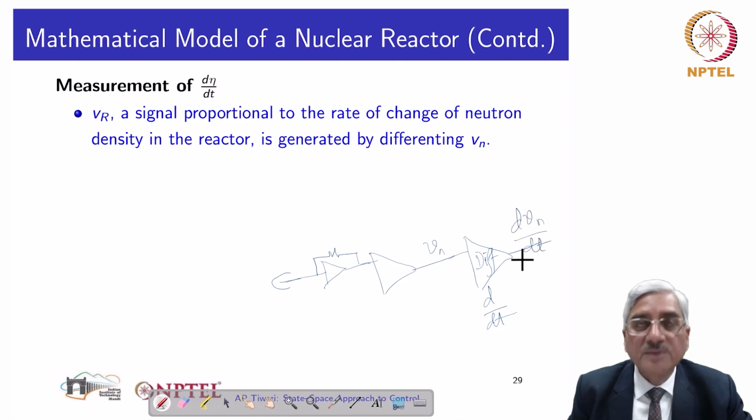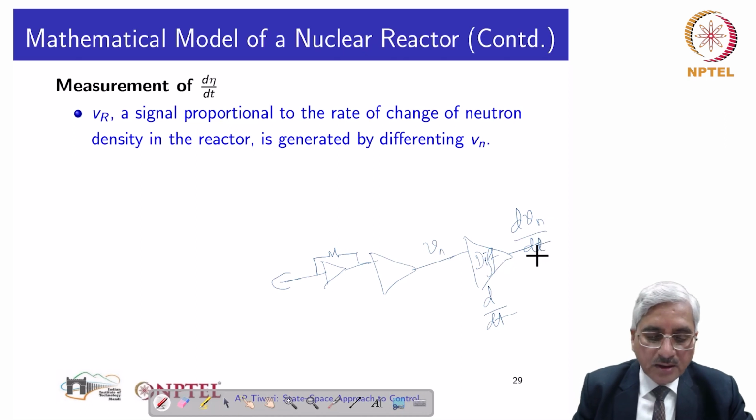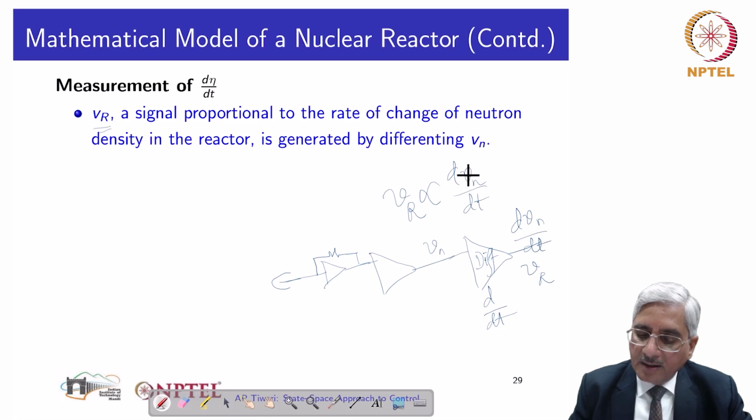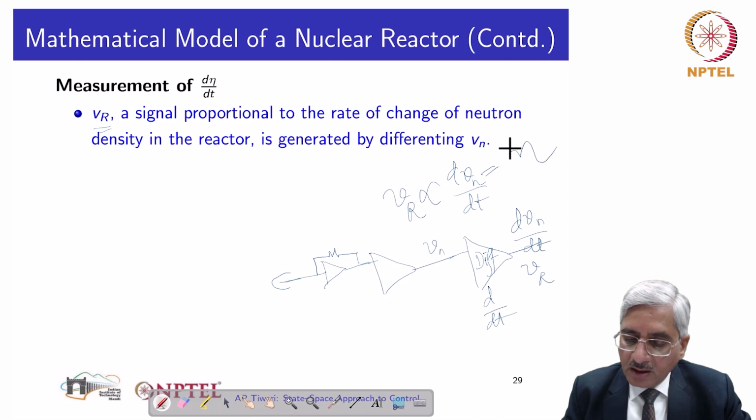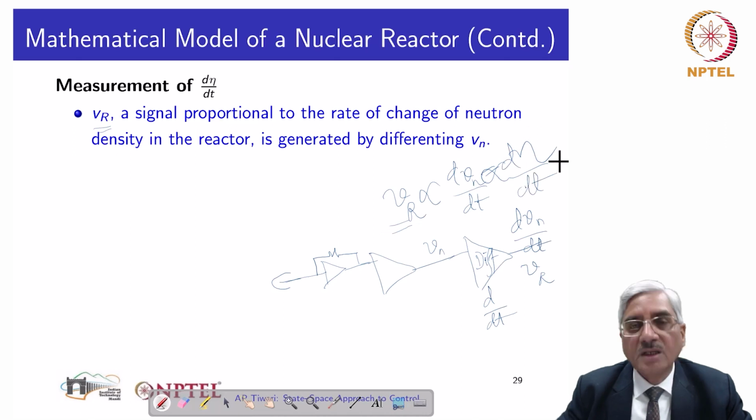The output voltage of the differentiator, which is denoted Vr, is proportional to dVn by dt, and because Vn itself is proportional to neutron density eta, this Vr is proportional to d eta by dt.